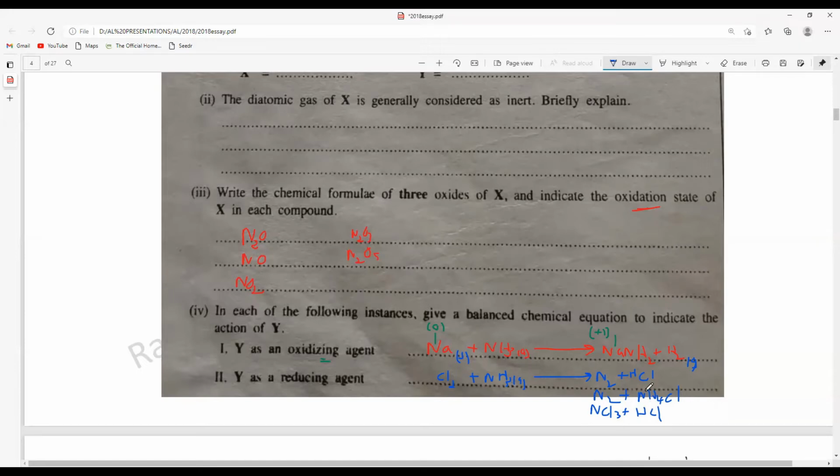To elaborate more, what exact condition gives nitrogen with HCl, what exact condition gives nitrogen with ammonium chloride, and what exact condition gives NCl3 and HCl. So we have discussed this. If you do not remember, please go through this again and keep it in your mind.